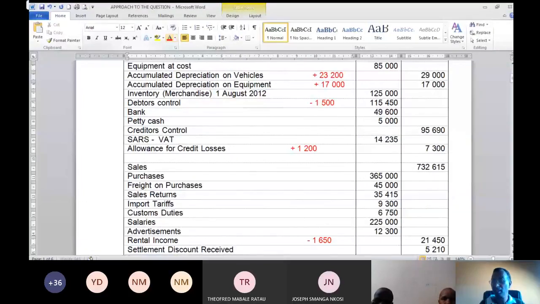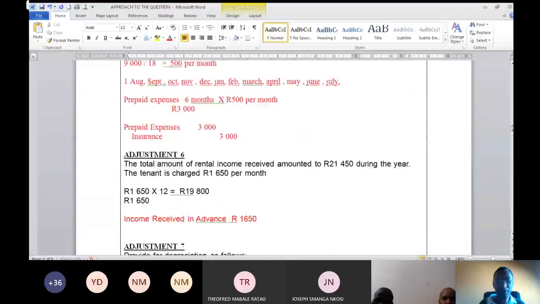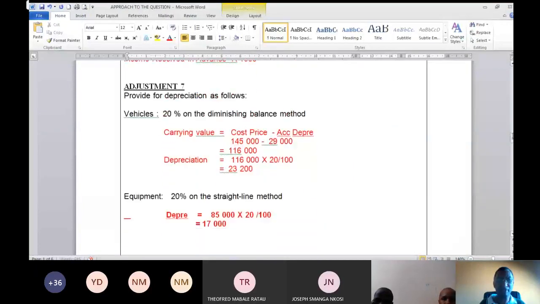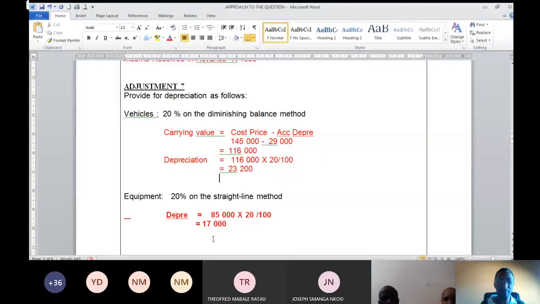Okay, thank you for that, guys. That will take care of adjustment number 7. Depreciation on vehicles, you must get 23,200, and the depreciation on equipment is 17,000.